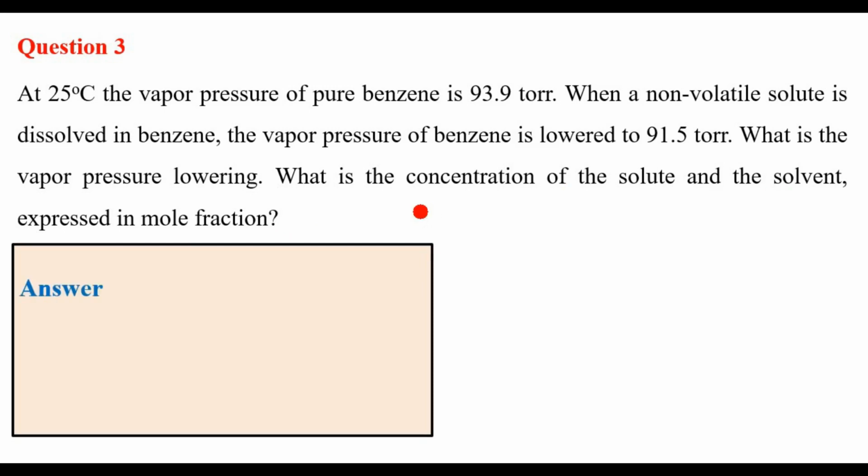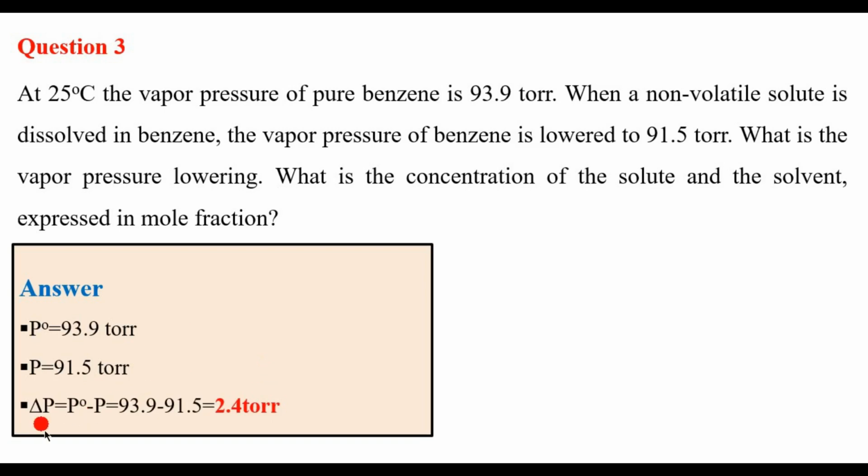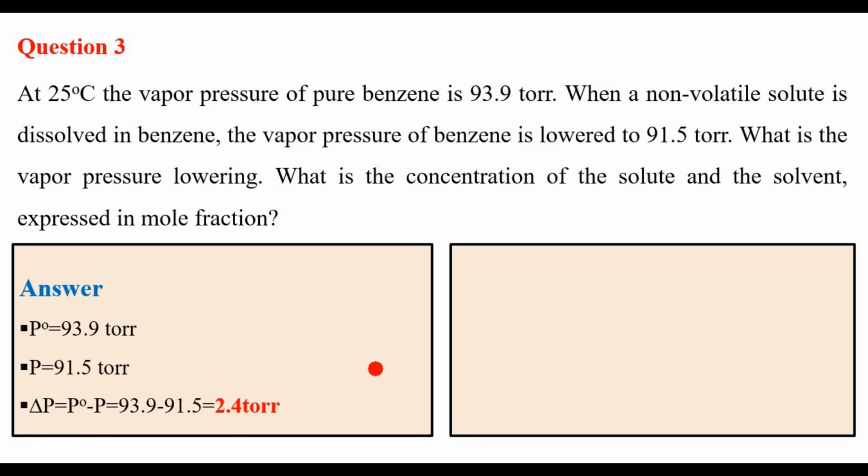Here we have P naught, which is the vapor pressure of the pure solvent. We also have the vapor pressure of the solution. We can determine the vapor pressure lowering by taking the difference in vapor pressure. In this case, we have 2.4 Torr. So after getting the vapor pressure lowering, we also need to calculate the concentration of the solid and the solvent.